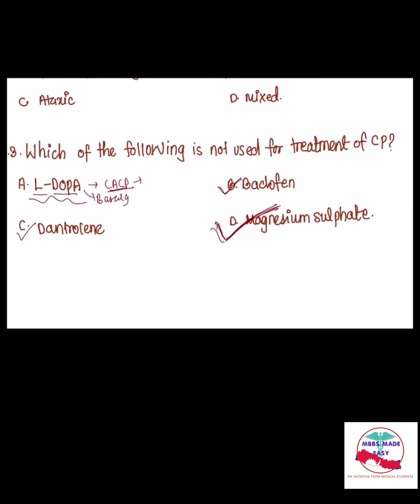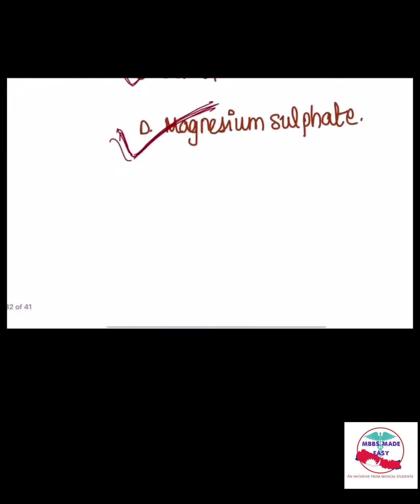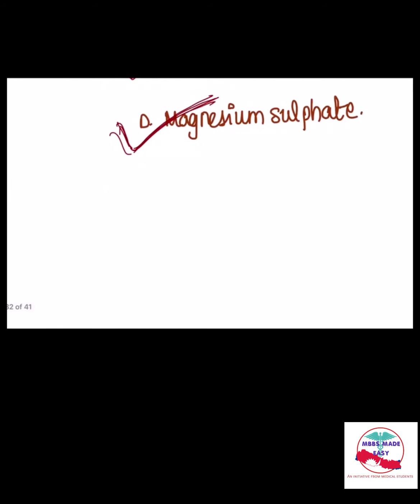But wait, one thing that I have not told you till now is that we know that cerebral palsy, especially spastic diplegic type of cerebral palsy, which is the most common type, has as its most important risk factor prematurity. So if a mother has to deliver a child prematurely, in less than 37 weeks, then there is a greater risk of that child developing cerebral palsy.